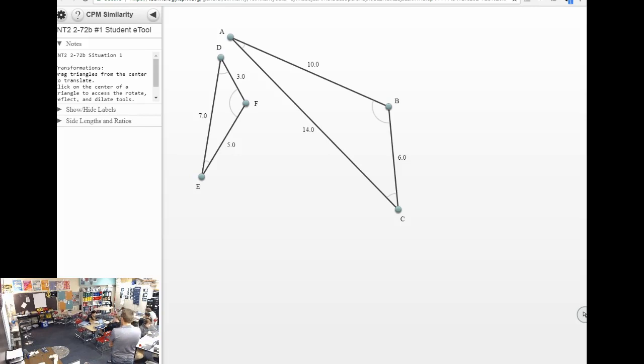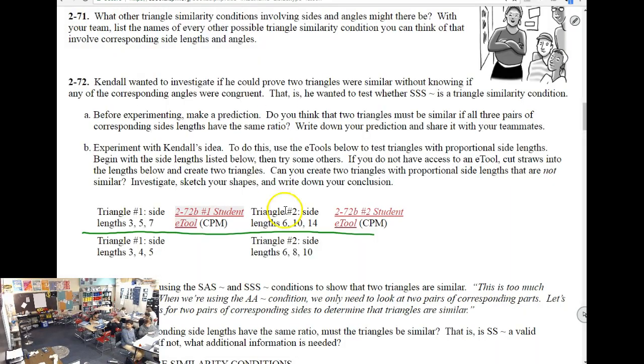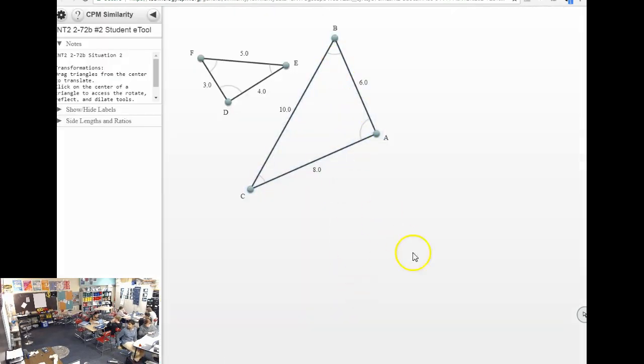David is using his mapping line. Are they similar? Yes. What's the scale factor? 2. It's easy. This one's just doubled. What about these?